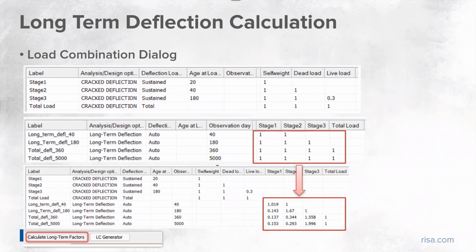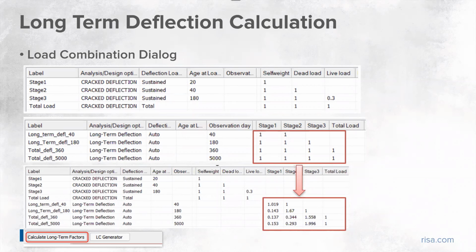So if you look at the third screenshot that I have in there, after we define all those, we can click the calculate long-term factor button, which is next to our load generator button, which was previously shown in the demo. So after you click that button, the program will update all the values you put in the second screenshot, which initially were all ones. And now they become different values for different load combinations.